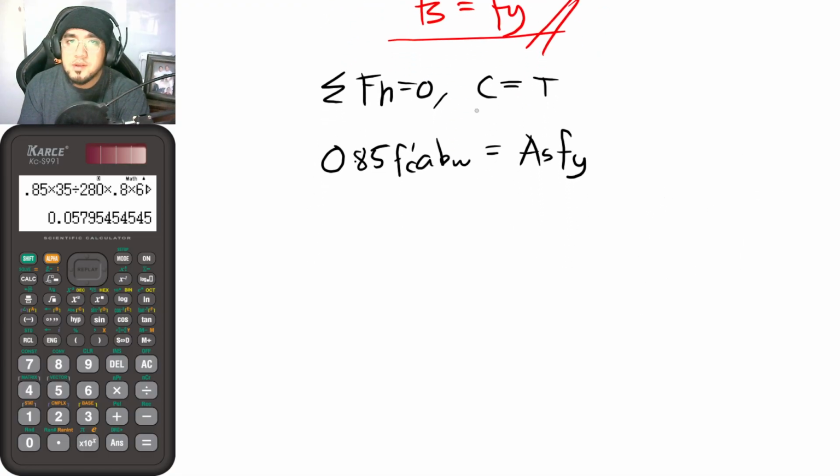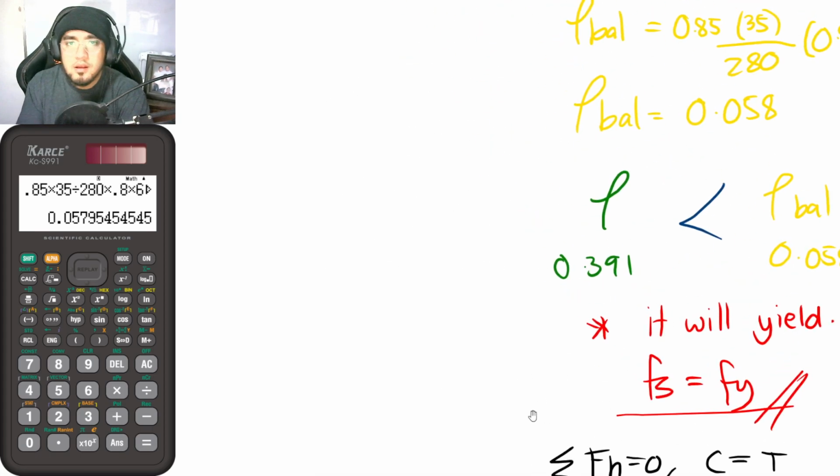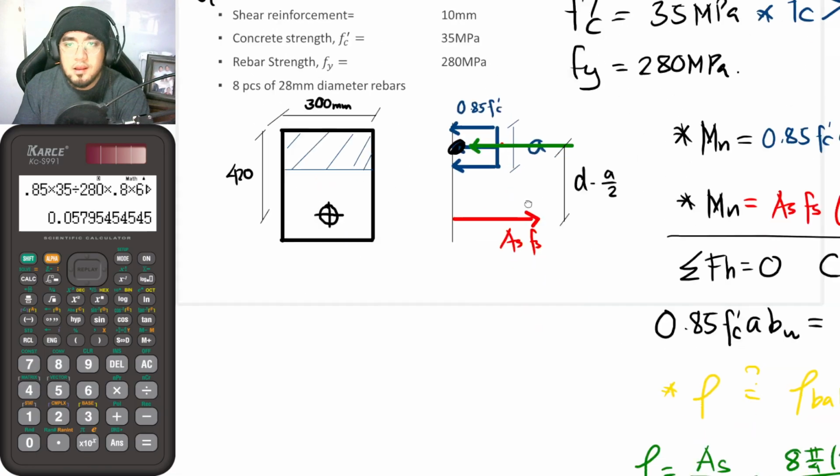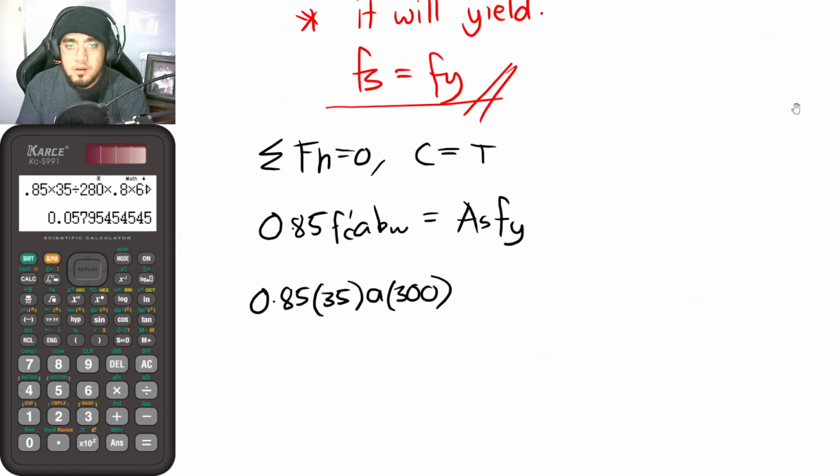Substituting known values, 0.85 times F prime C, which is 35, times an unknown A, times 300. Wait, was that 300? I forgot once again. So 300. This is now equal to As, and As is equal to 8 times pi over 4 times 28 squared times Fy of 280.